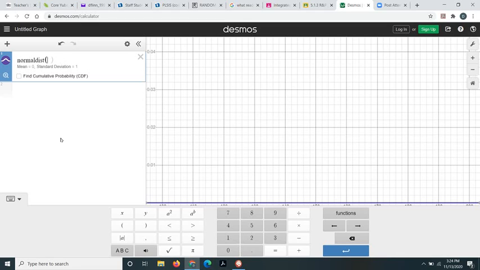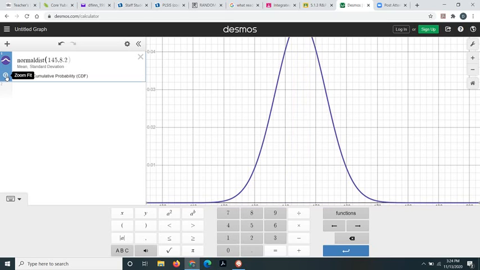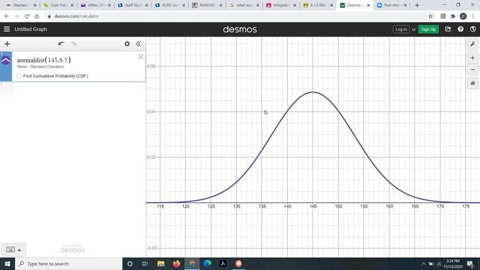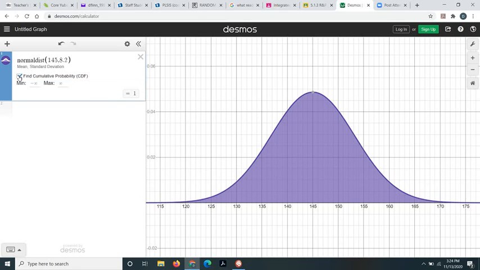So for Regina, the mean is 145, comma, standard deviation was 8.2. That gives me the curve, and I can push this little zoom fit, and it fixes my window, and then I can find some probability, some CDF. I can put some data in here.